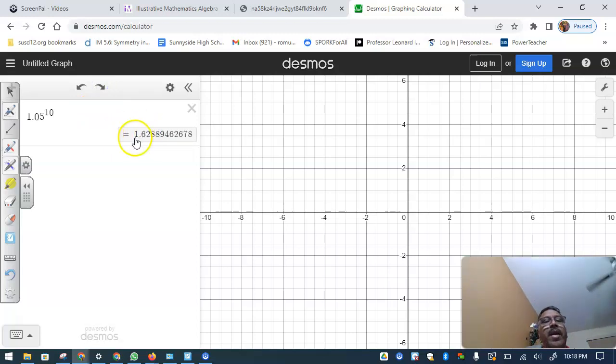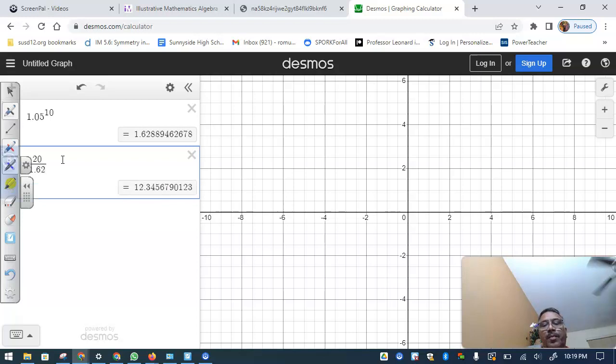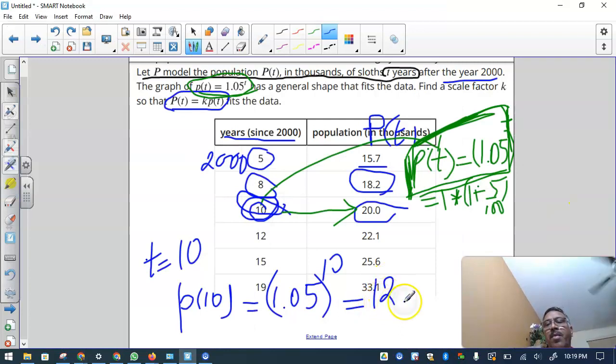What I wanted to do next is, in the data it was showing P of 10 is 20, so I divided 20 by 1.628889, and you get 12.27.